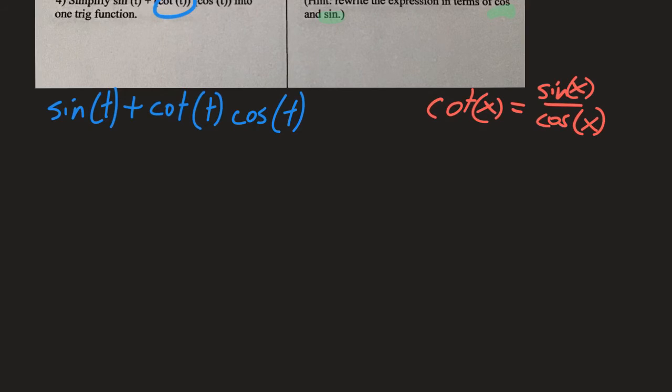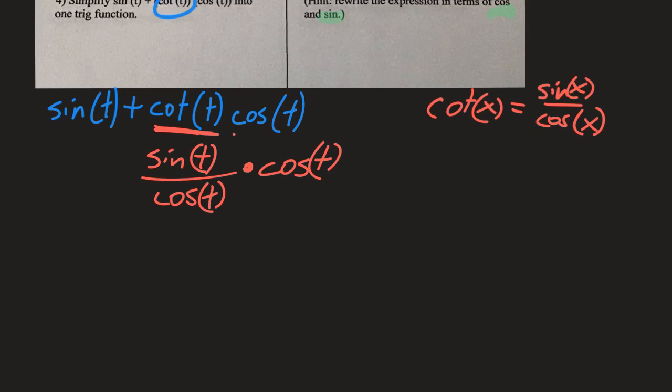And they use the letter theta or x or t or whatever you want. As long as we use the same one, we're in good shape. So let's replace this cotangent with sine t over cosine t times cosine t, bringing this one down, and then, of course, plus sine t.